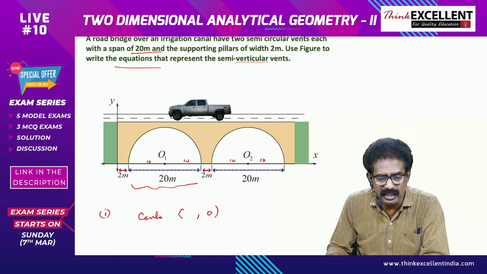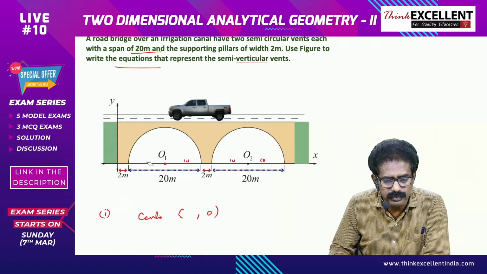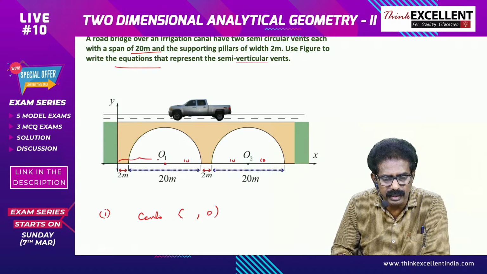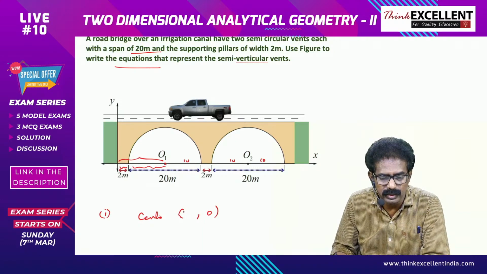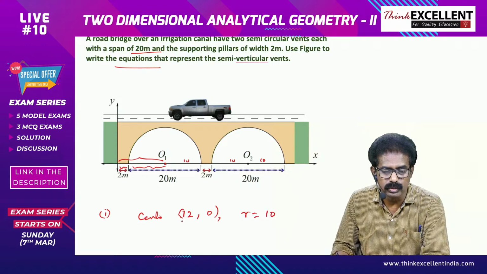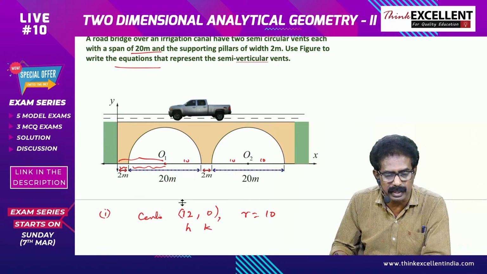For the first circle, the center is on the x-axis, so the y coordinate is 0. What will the x coordinate be? The x coordinate is the distance from this end to O1. Here we have a 2 and the radius is 10. So 10 plus 2 is 12. So the center is 12 comma 0 and the radius is 10. With this center, our h comma k, and radius 10 units, you can find the equation of the circle.